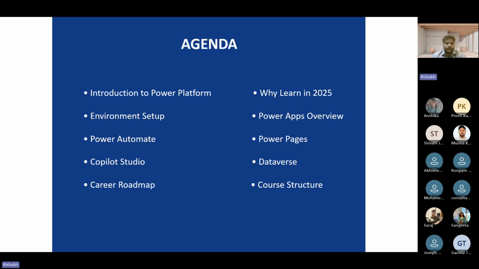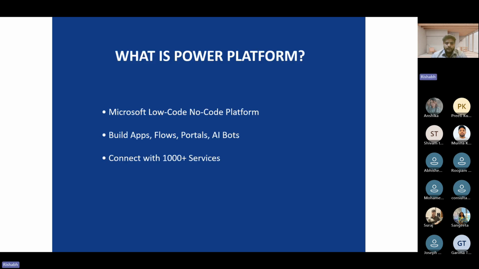So now we can start with what is Power Platform. The first question is what is Power Platform, and why are we here. Power Platform is a Microsoft low-code development platform, or we can say no-code platform. It helps you build business applications, automations, websites, and AI chatbots without deep coding knowledge.